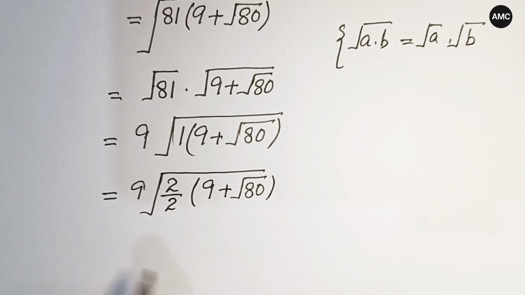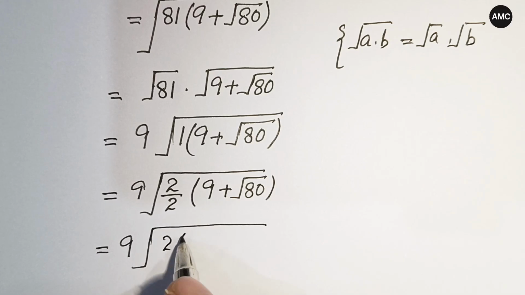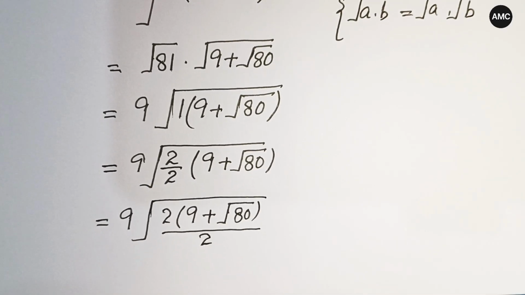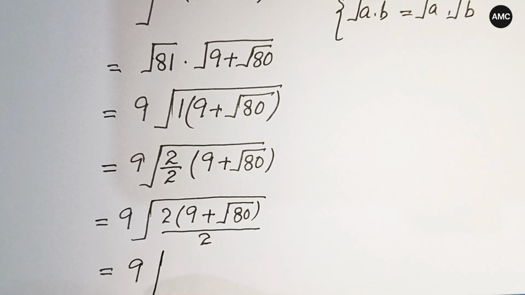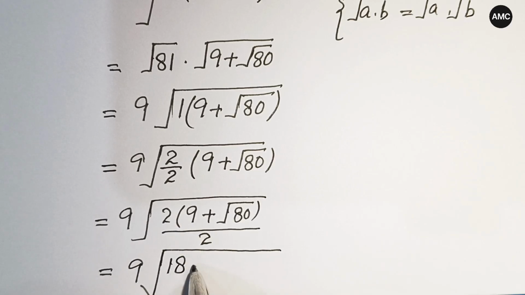Our next step will be 9 times square root of, multiplying this 2 into the parentheses, we will get 2 times 9 plus square root of 80, all over, dividing by this 2. So here we have 9 times square root of 2 times 9 is 18 plus 2 times square root of 80 all over 2.